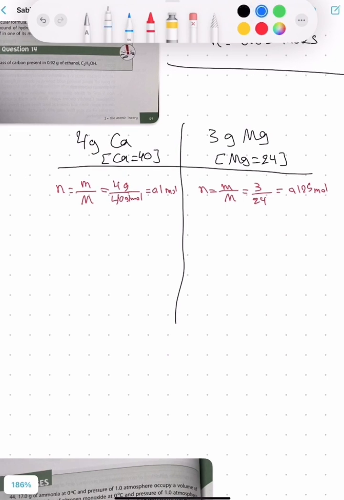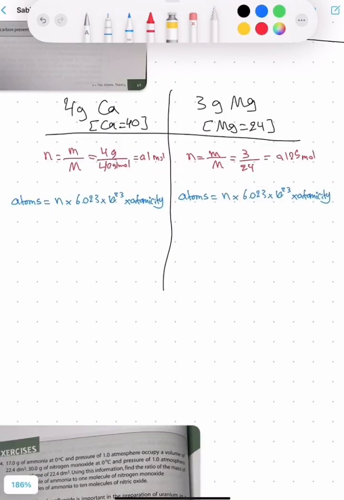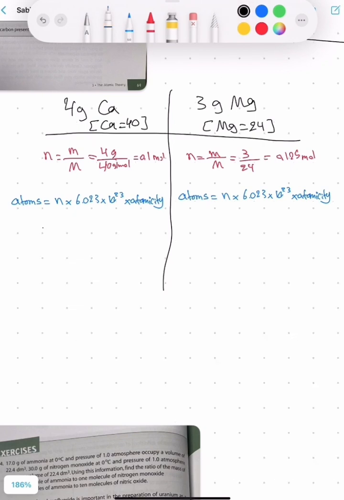How do you calculate atoms? Easy. Atoms are equal to moles times Avogadro number times atomicity. Calculate the number of atoms of each one of them separately. So for calcium, number of moles was 0.1.